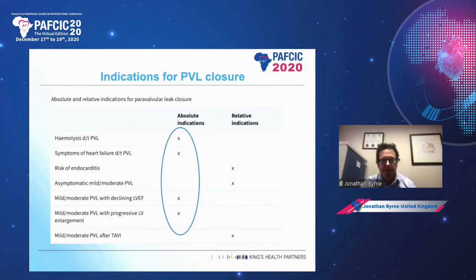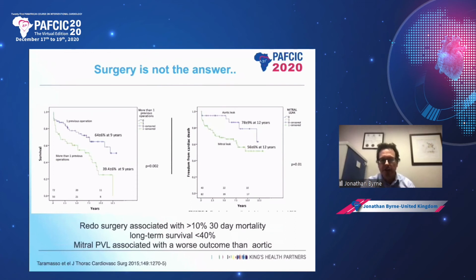The third thing to say is what about the other options? In this population, surgery is not a good option. As we've got more and more experience with percutaneous closure, it's very rare that we would send a patient for surgical repair of a leak unless we have adverse features, which I'll come to in a moment. But the rates of mortality associated with redo surgery are pretty high.